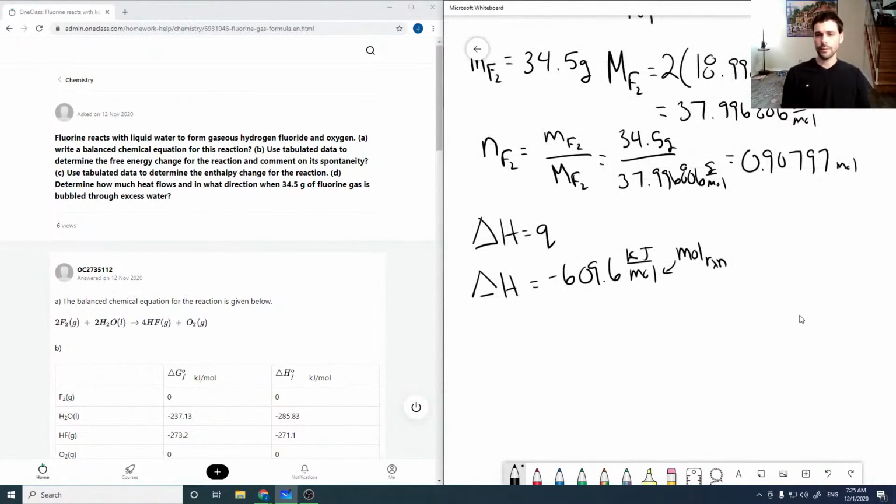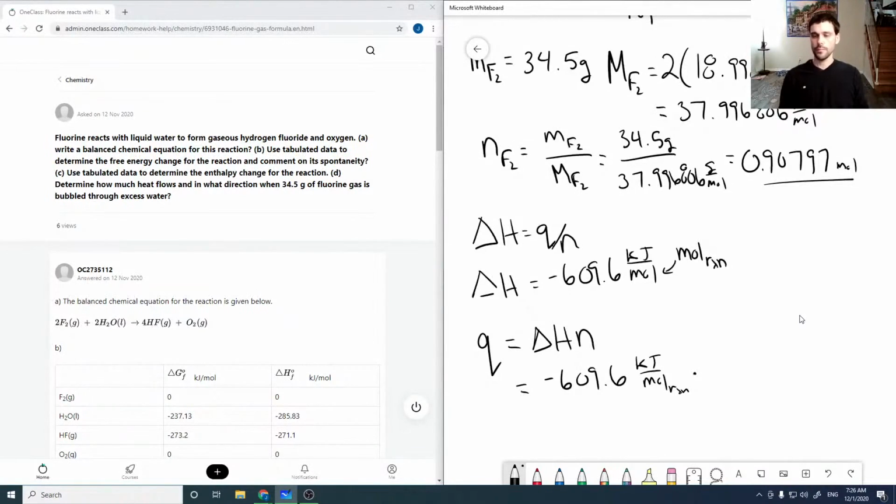So to get our total heat flow, it'll be delta H times N, which is minus 609.6 kilojoules per mole of our reaction times, and so this is the moles of fluorine, so we need to multiply this by our conversion here, right?